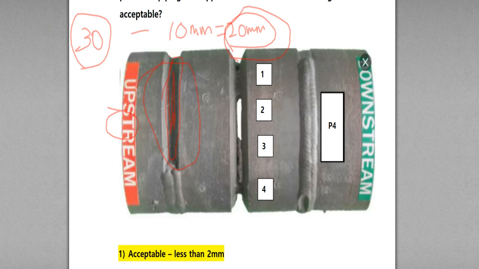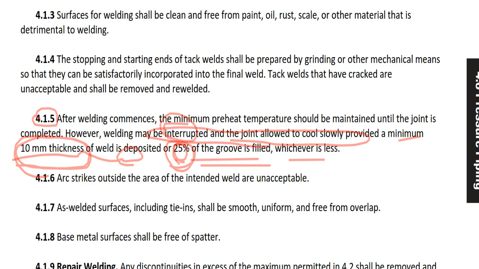So at least 7.5 millimeter of this joint should be filled before welding is interrupted. But 20 millimeter of weld is deposited, so the weld can be interrupted. This is the example of the actual Part B question, the welding interruption, 4.1.5.